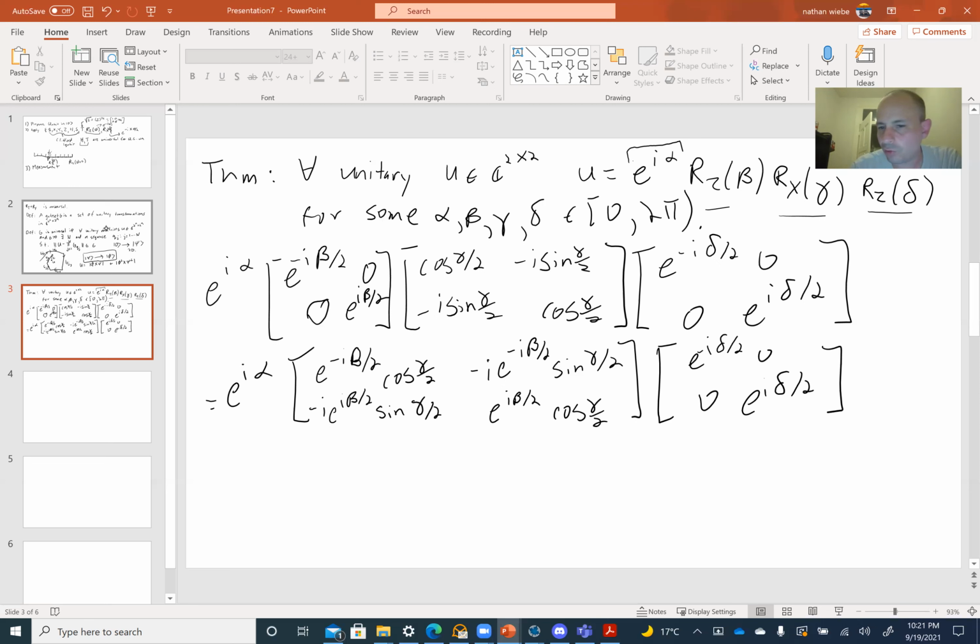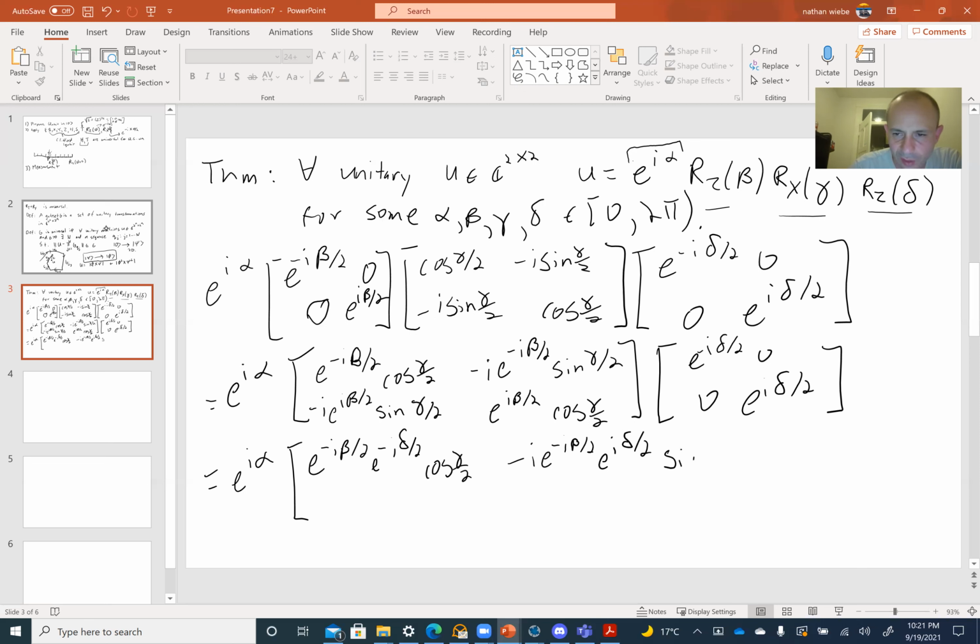Now we've got to multiply these matrices again, and this gives us e to the I alpha, e to the negative I beta by 2, e to the negative I delta by 2, cosine gamma by 2, and that component is 0, then we end up having negative I e to the minus I beta by 2, e to the I delta by 2, sine gamma by 2.